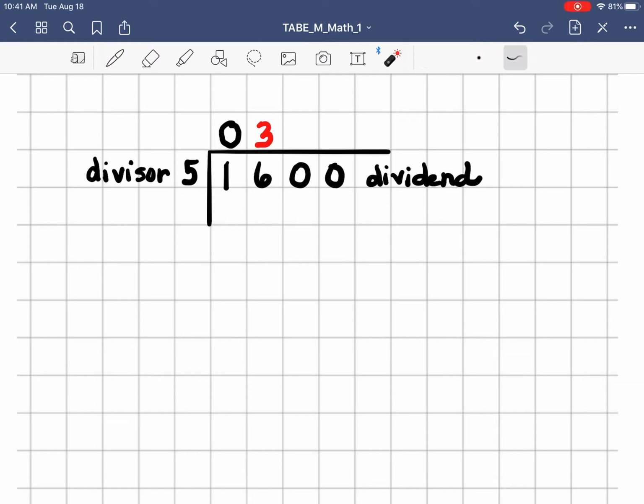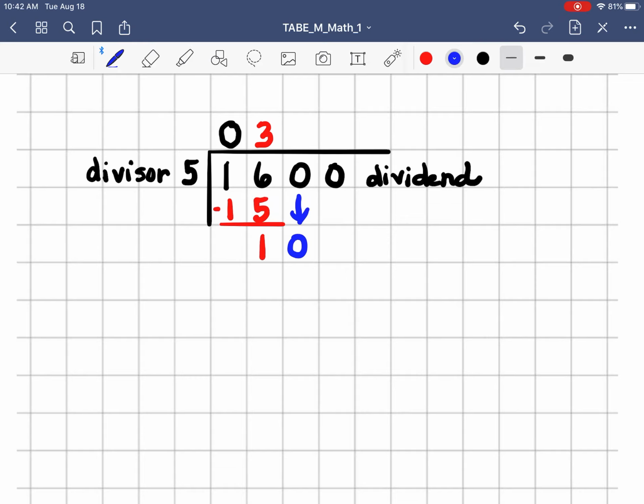Because 3 times 5 is 15. And so I'll put that down here. And we are breaking down, so we're going to subtract right there and get a remainder of 1. And then I will drop the 0 and start that process again.